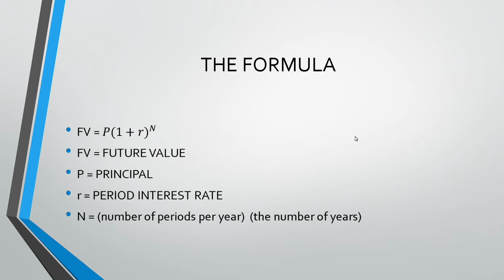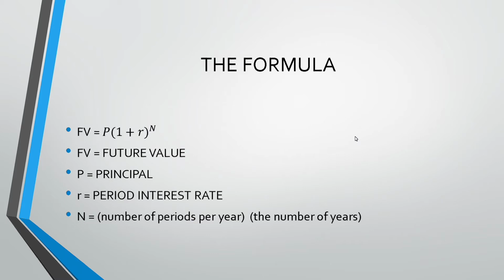Okay, so I have here the formula for future value because it is part of the process in getting the compound interest. We have to find first the future value for us to get the compound interest. Alright? So the formula is future value is equal to principal multiplied to 1 plus period interest rate raised to the number of years.